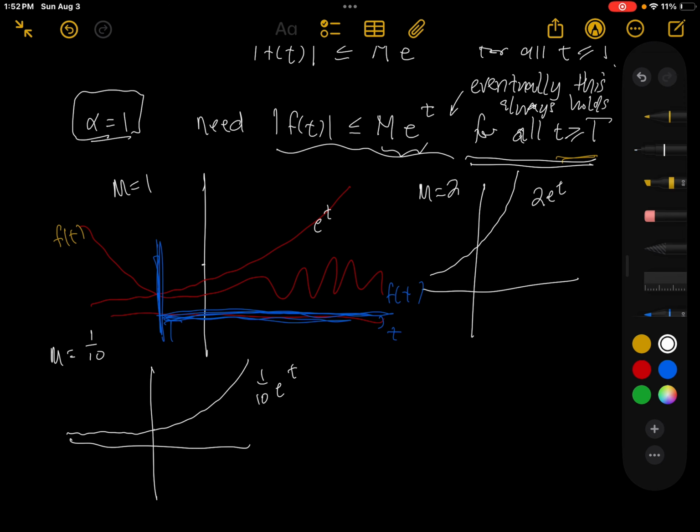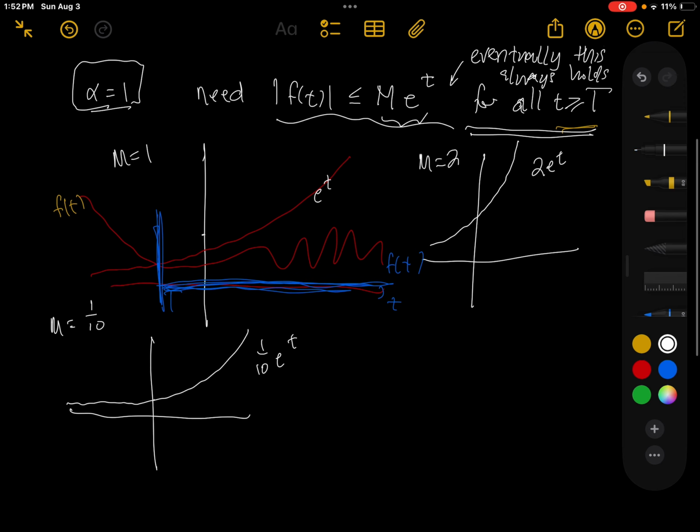Similarly, if you have another function, little f, I should make this look more like a function instead of being too sloppy.